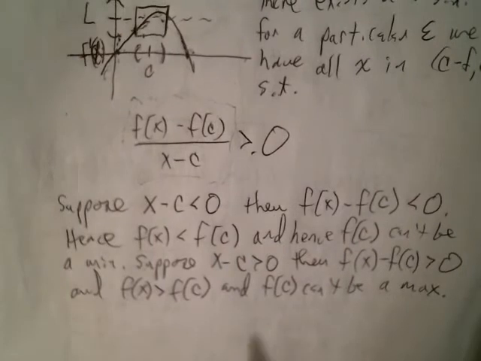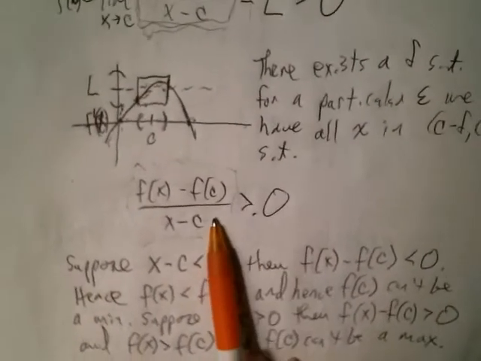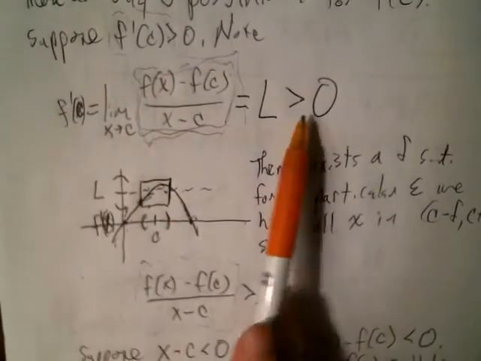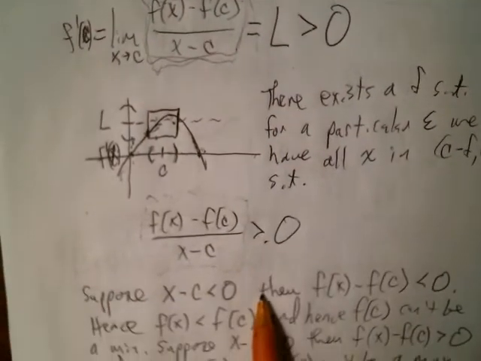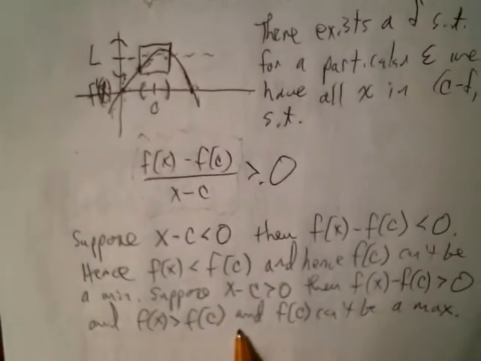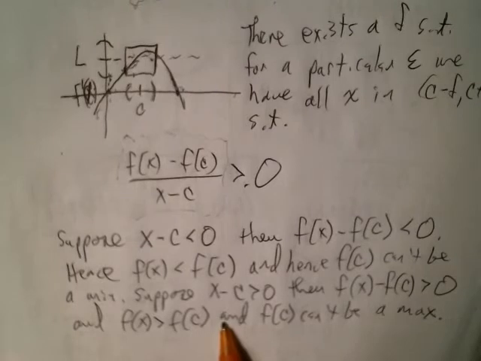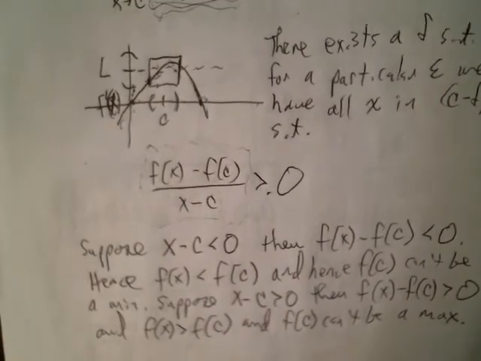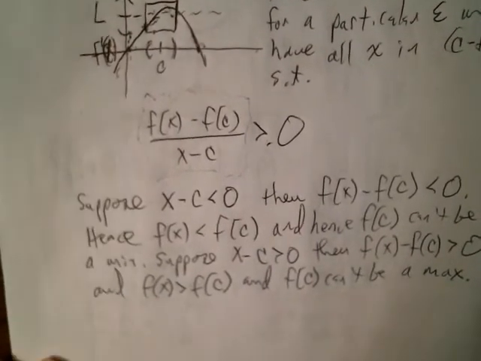So the problem is, supposing that the derivative is greater than 0 results in a contradiction, because we've supposed at the beginning that f of c is either a max or a min. And this is saying that f of c is not a max and f of c is not a min.